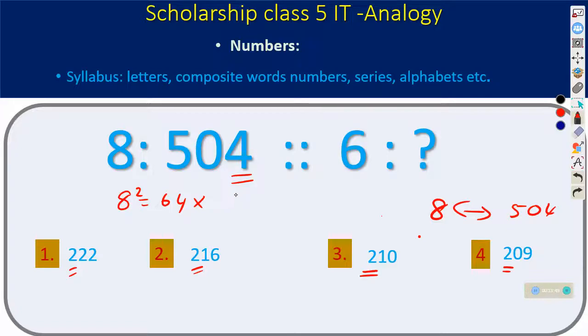Something related with 9 will work out. Eight into 63 is 504. Well, 63 came by subtracting 1 from 64. Right?